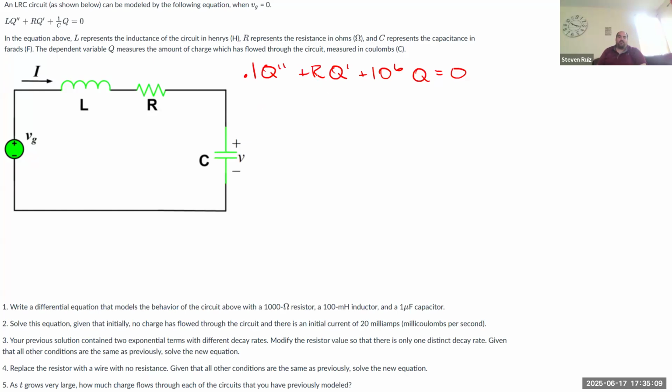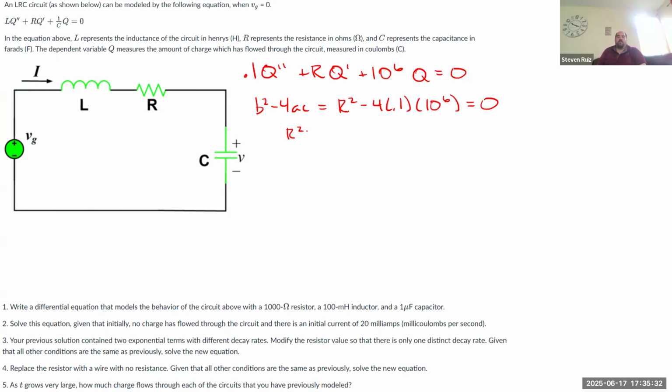I'm trying to find the bifurcation value of this R. So let's do that. B squared minus 4AC is R squared minus 4 times 0.1 times 10 to the 6th, and I'm going to set that equal to 0.